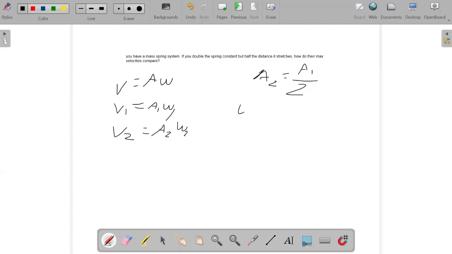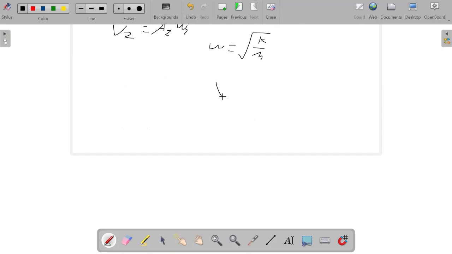Now we need to solve for omega 2. What we know is that omega equals the square root of k over m. I've gone over how to solve this in my other video about the basics of simple harmonic motion. But for this one, it's really just using the basic equation.